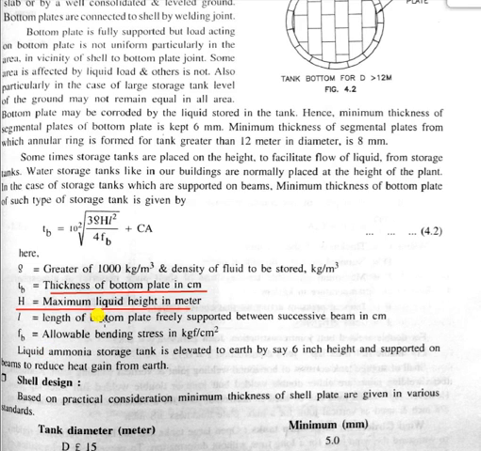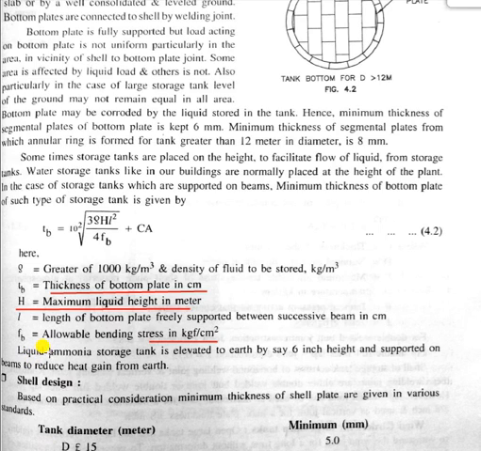It should be considered in meters. L is the length of the bottom plate freely supported between successive beams, in centimeters. Next, FB is the allowable bending stress, which should be in kgf per centimeter square.